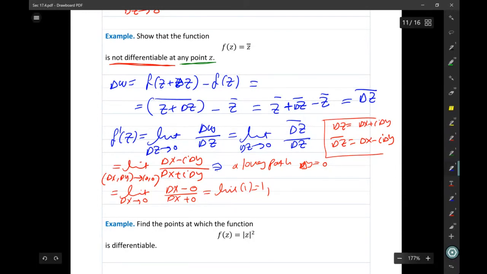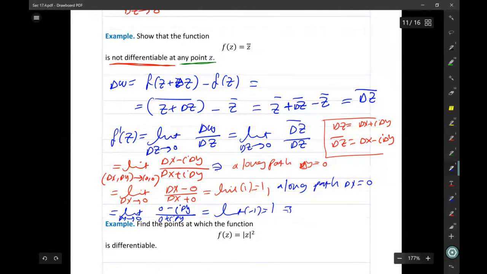Now along the path delta x is equal to 0, this limit becomes the limit of 0 minus i delta y over, replacing delta x by 0, 0 plus i delta y, where delta y goes to 0, which is equal to the limit of minus 1, which is 1.